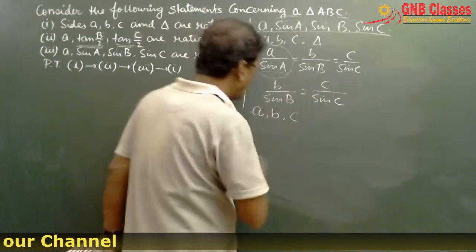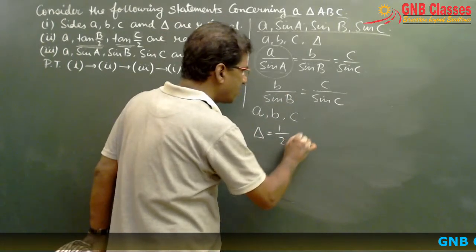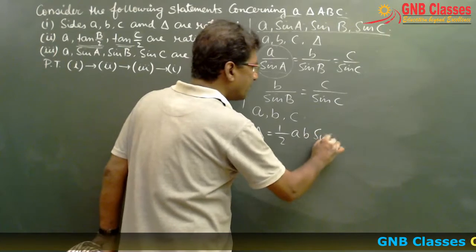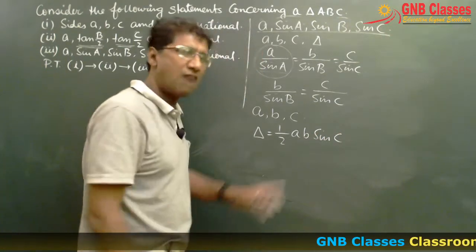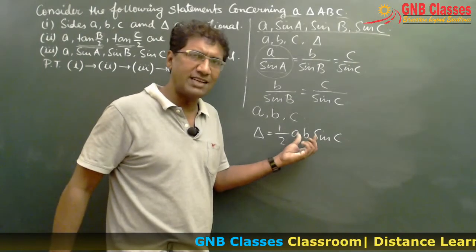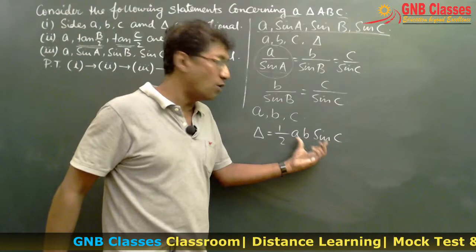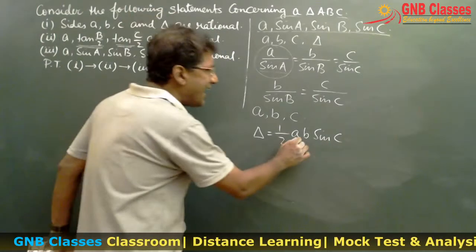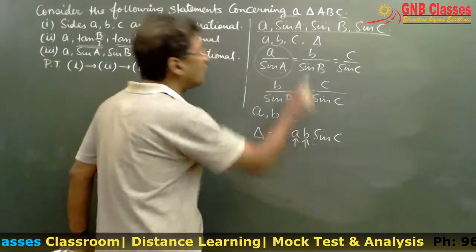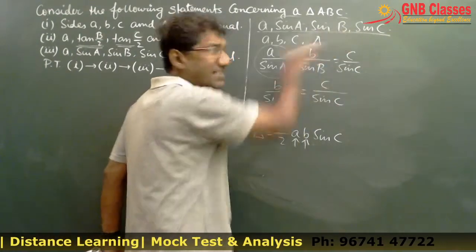Now, what is del? Del is nothing but half ab sine C. Can you remember it? Half ab, the product of any two sides into the sine of the angle between them. So half ab sine C is rational. Why is it rational? Because a is rational, b is rational, and sine C is also rational, which is given.